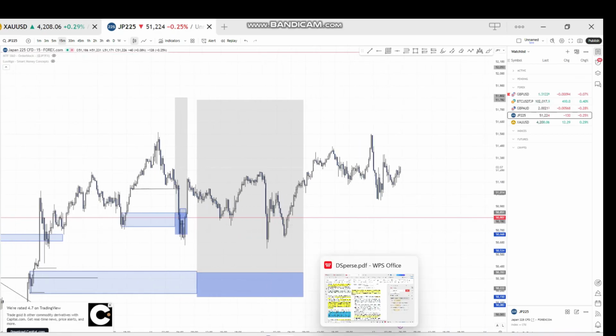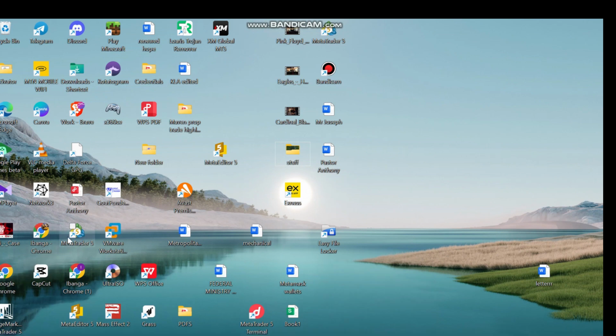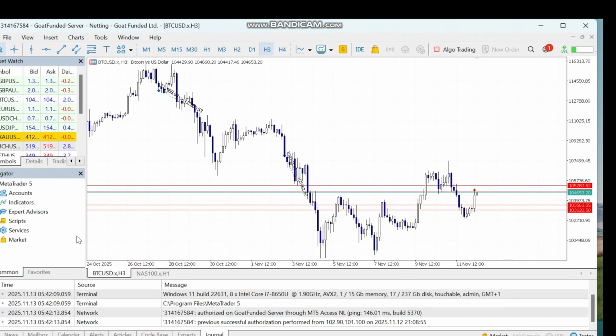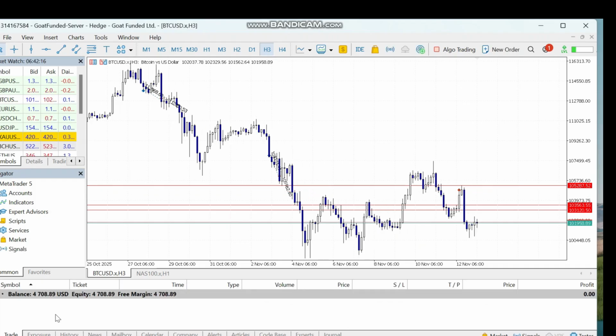So jumping to MT5. You can see that on MT5 our balance is about 7,047.